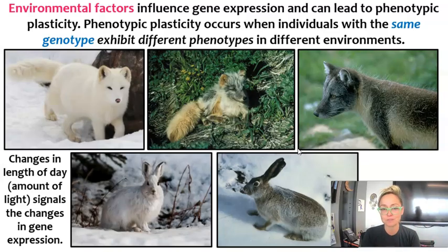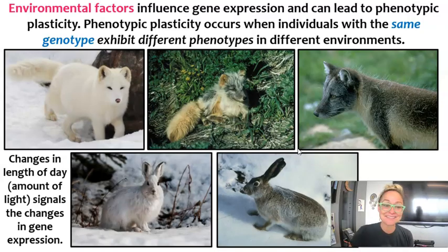Where I live, in the middle of winter, the sun sets around 4:30, 4:40, but in summertime, it sets around 8 or 9 o'clock at night. Our days are much longer in summer; there's more light in the day. Therefore, as winter turns into spring and the days get longer, that amount of light sends signals to the brains of the Arctic animals that lead to changes in gene expression and more melanin production.